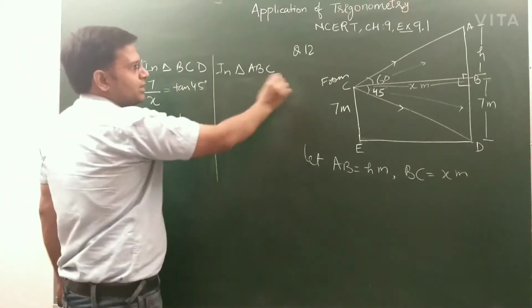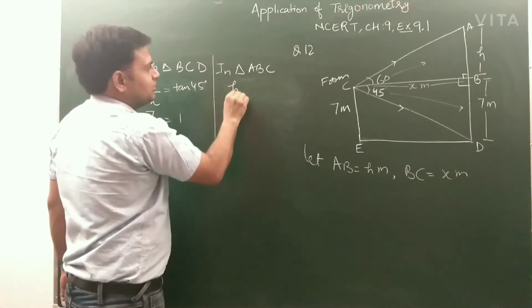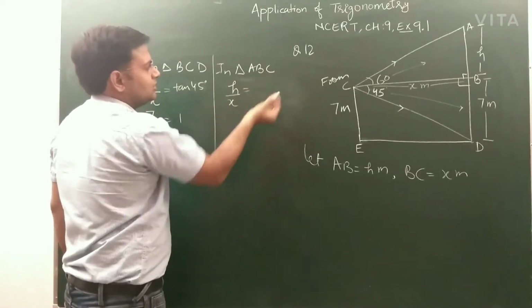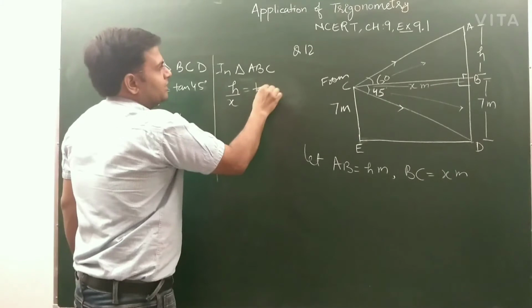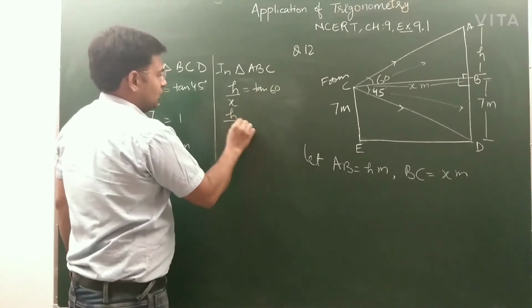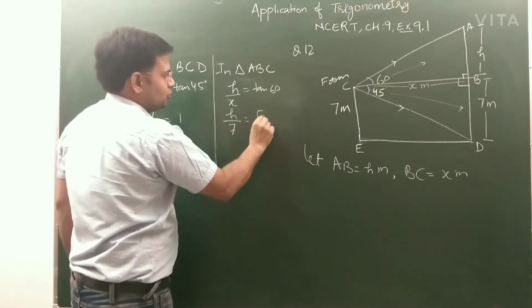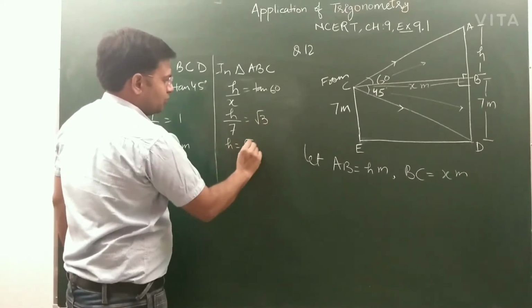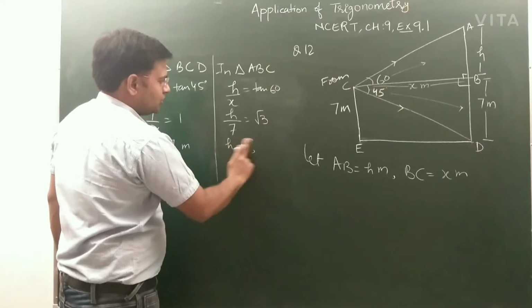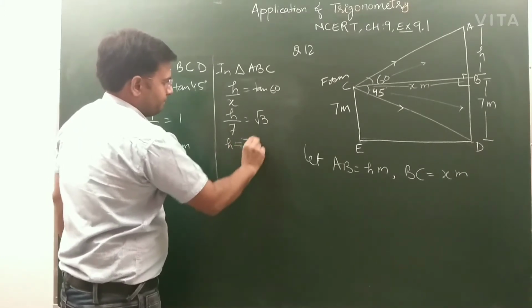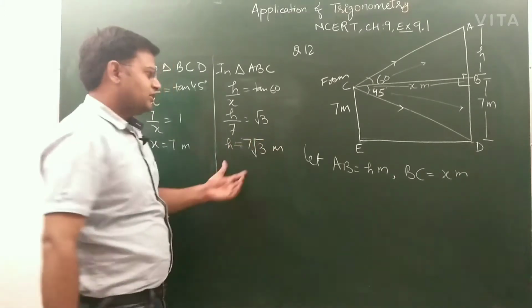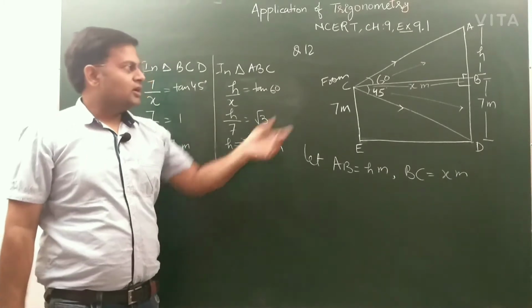Now take triangle ABC. H upon X is equal to tan 60 degrees, and X is 7, and tan 60 is root 3. So H is going to be 7 root 3. This is your H, but this is not the height of the tower.